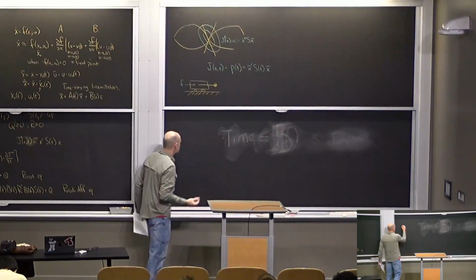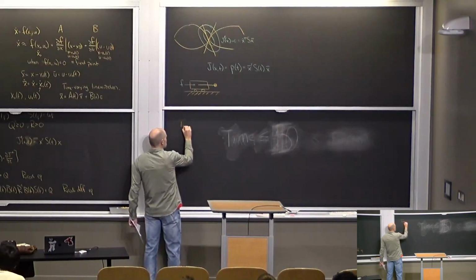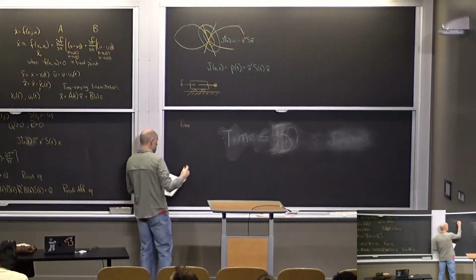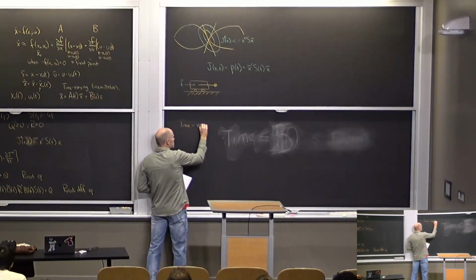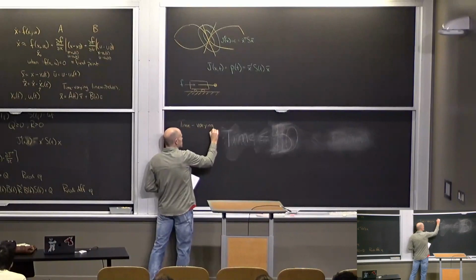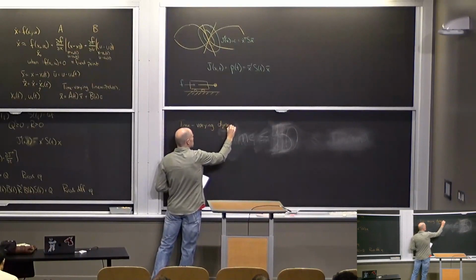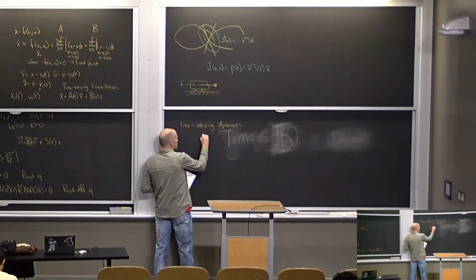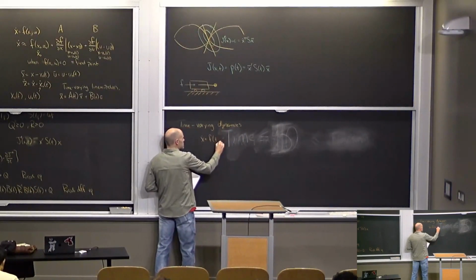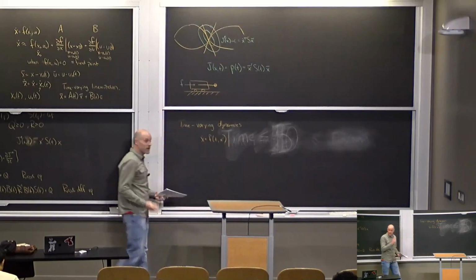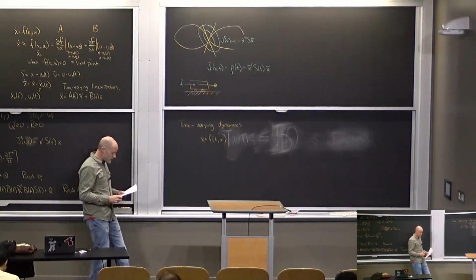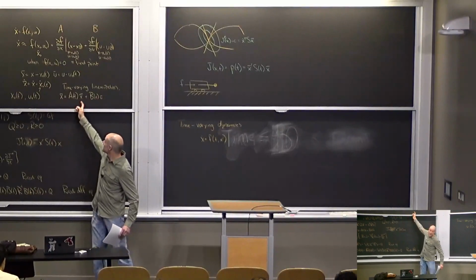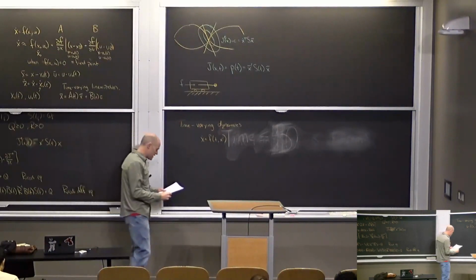So let's think about time-varying Lyapunov functions, but let me do it in two steps, because let's first just think about time-varying dynamics. Okay, so if I have x dot as a function of time in addition to x, which is what's happening with my A of t, B of t, that's time-varying dynamics.